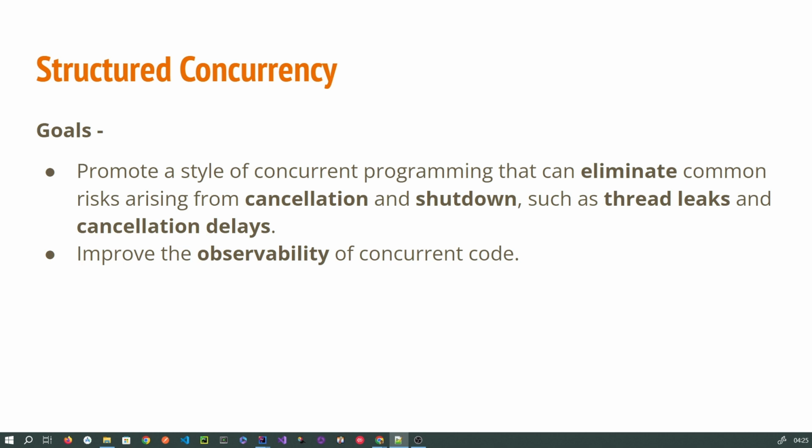It also improves observability of concurrent code. Remember, this is a preview API. So overall, the cancellation of any of the tasks which causes thread leaks and delays in cancellation, this is the problem structured concurrency tries to resolve.